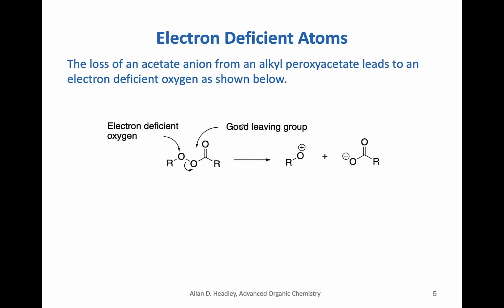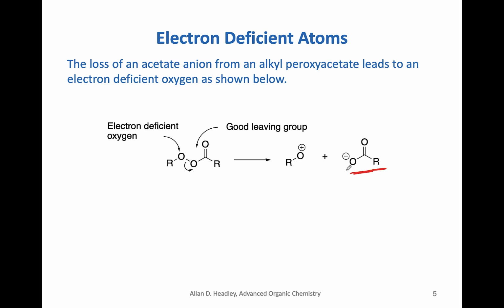Let's look at the electron deficient oxygen. Here is an oxygen. Here is another oxygen, but this oxygen is part of this leaving group, the acetate. So if this bond breaks and the electrons go onto the oxygen here, we have this good leaving group.